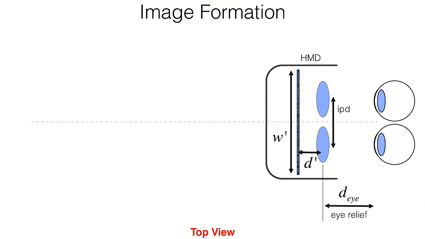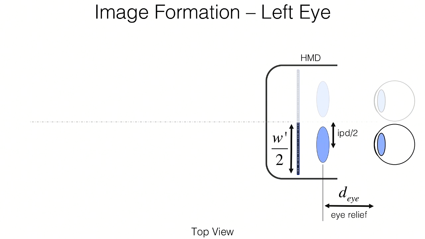If we look from the top view now, things get a little bit more complicated. We have two eyes, so we have to have two lenses, but these lenses aren't guaranteed to actually be placed at the center of each part of the display that the eye sees. So we actually have to generate a slightly non-symmetric viewing frustum from the top.